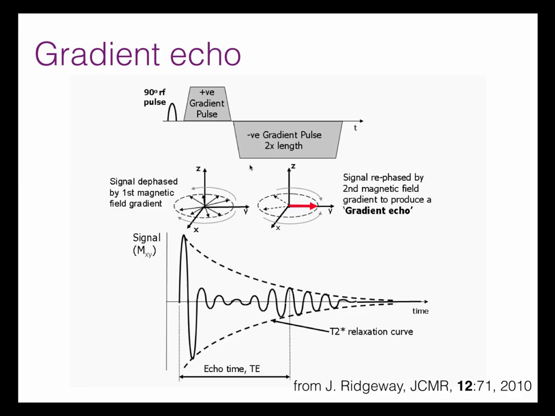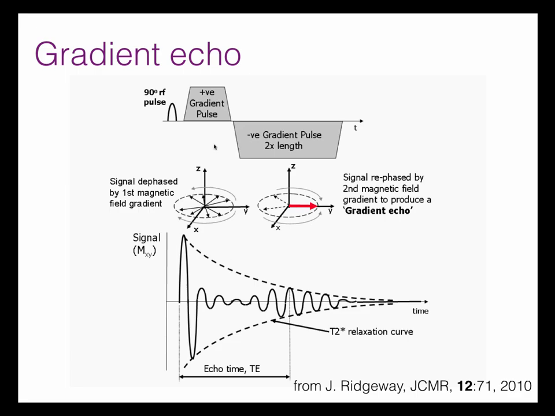Now earlier on, I showed you a spin echo, where we refocus things using an RF pulse. But if you're in control of the inhomogeneity, which is basically caused by the gradient, then you can refocus the spins by applying the same gradient in reverse. Here, the amount of dephasing is related to the area under the gradient.